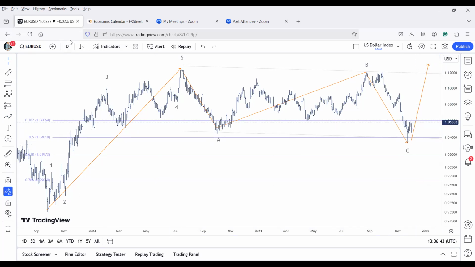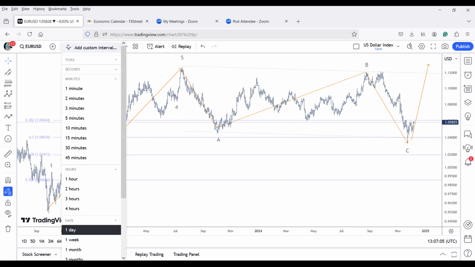Let's discuss both of them. The high probable wave count is up from here. We need to stay above the 1.0330 low for the bulls to remain active. In case prices drop below 1.0330, the next level of support is going to come around 1.02, which we will look at when the price action reaches there.